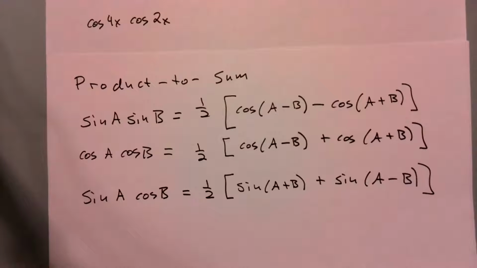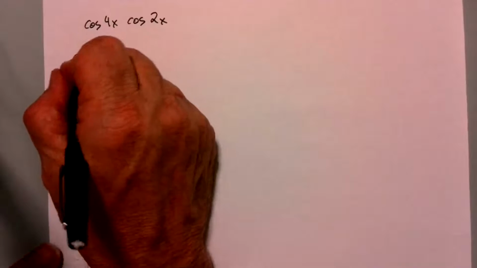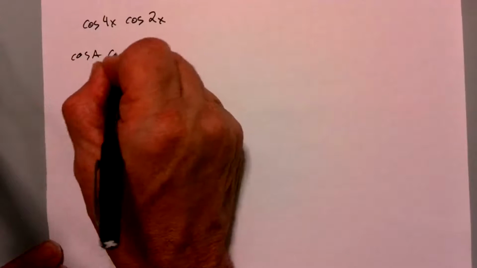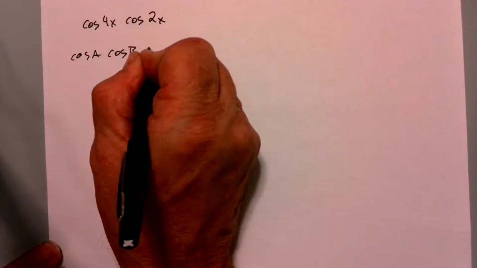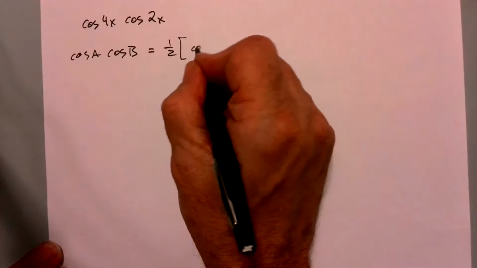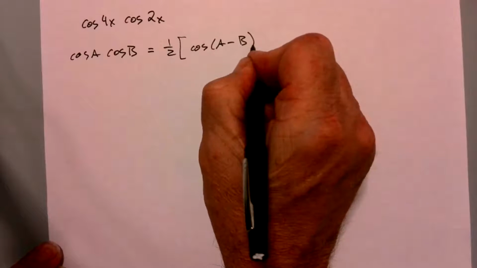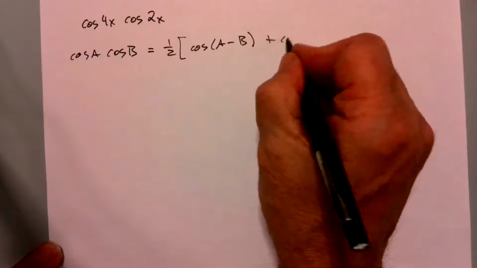Let's write that down. Cos A, cos B is 1/2 cos A minus B plus cos A plus B.